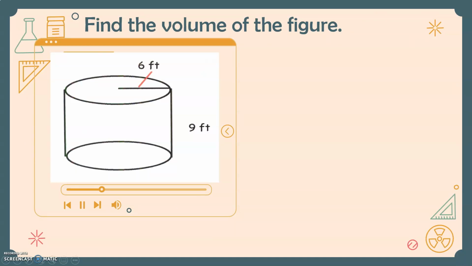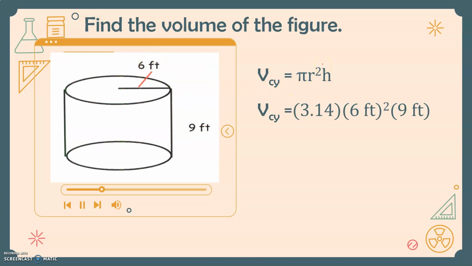Find the volume of the cylinder below, which has a height of 9 feet and a radius of 6 feet. Again, the formula that we'll use is pi r squared times height. So all we need to do is substitute the given information in our formula. By doing so, we'll have 3.14 times 6 feet squared times 9 feet. 6 feet squared is equal to 36 square feet.